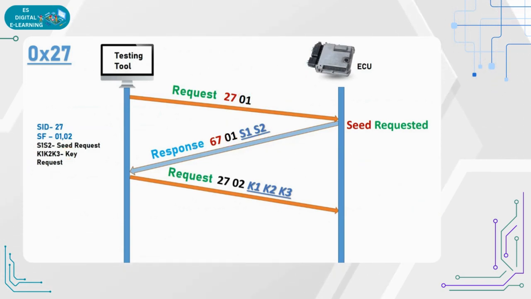Okay, so we'll send a request of 2701. After that, I will receive the seed data.